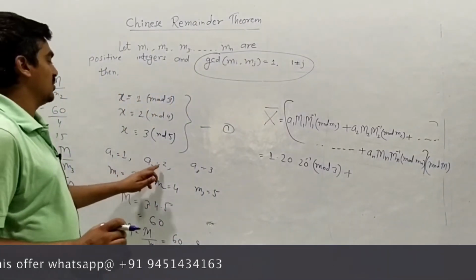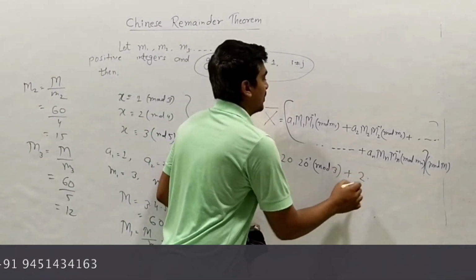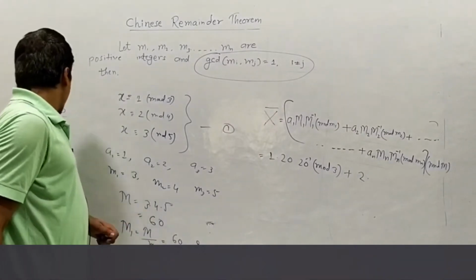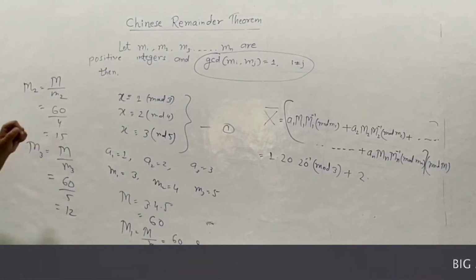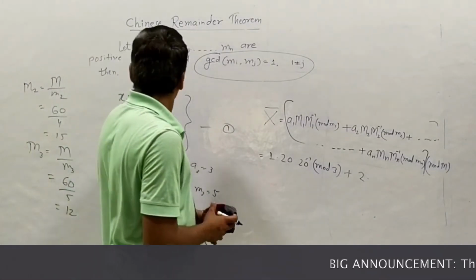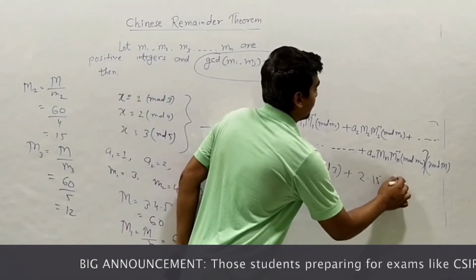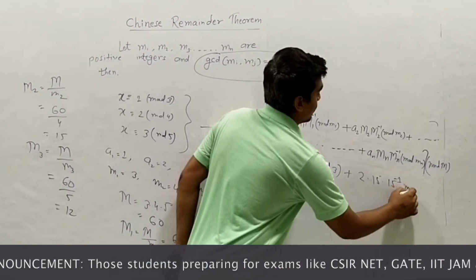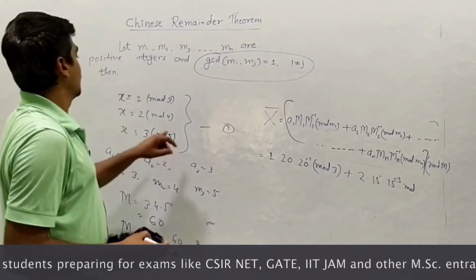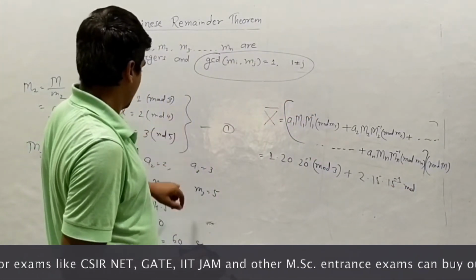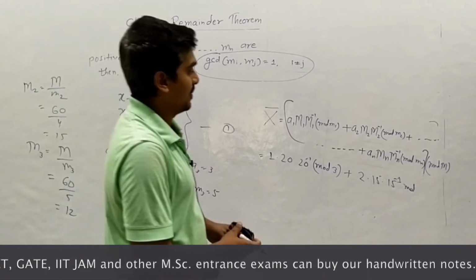What is a2? a2 is equal to 2. What is M2? M2 is equal to 15, and this 15 inverse term is taken over mod 4. m2 is 4.